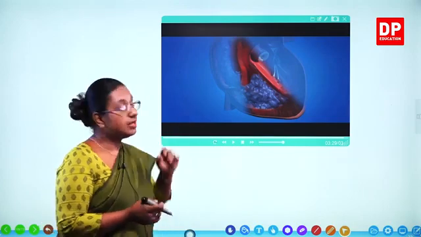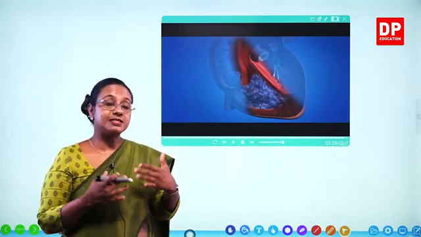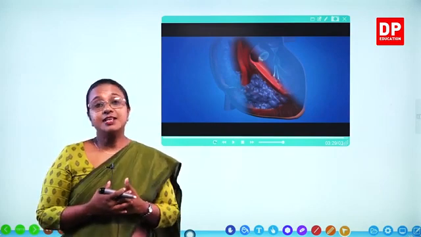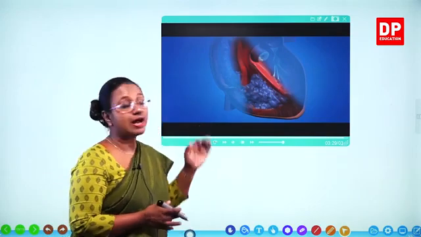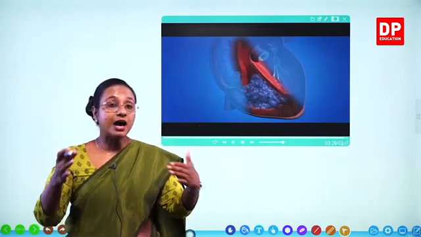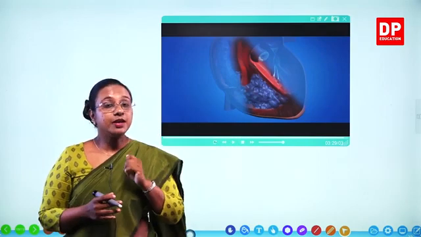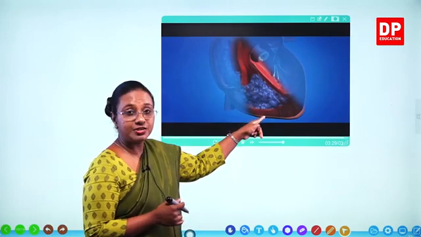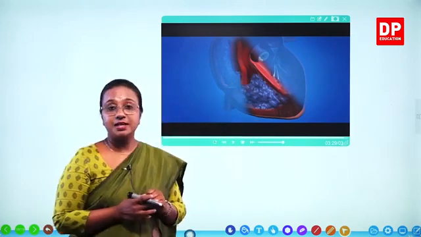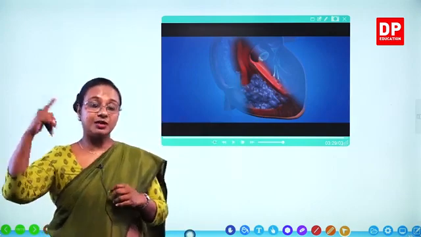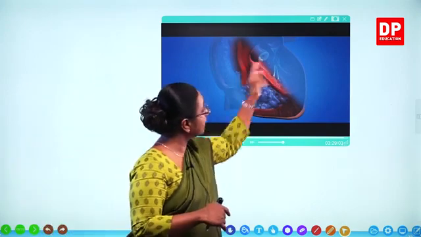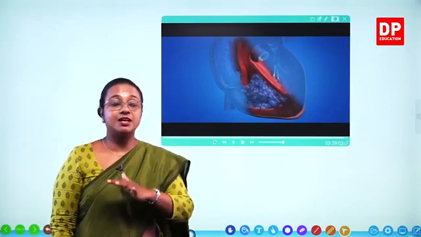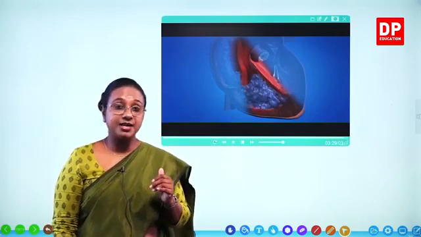Now, earlier we discussed the structure of the heart, then I explained the different arteries and veins. Now, we all saw how blood is pumped and how blood comes back. You can remember earlier blood was pumped from the right ventricle into the pulmonary artery, went to the lungs, got oxygenated, came back to the left atrium, then from the left ventricle it was pumped out of the heart again.